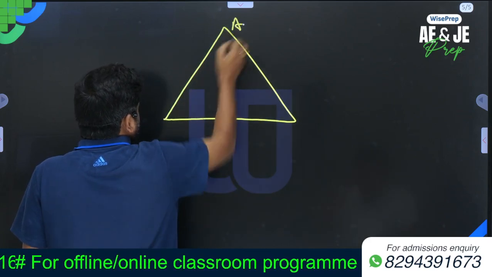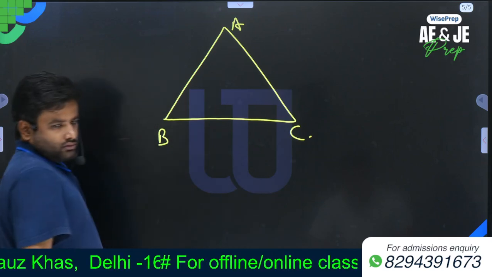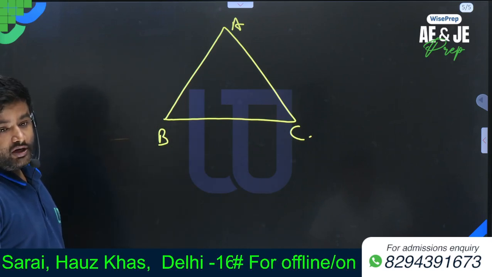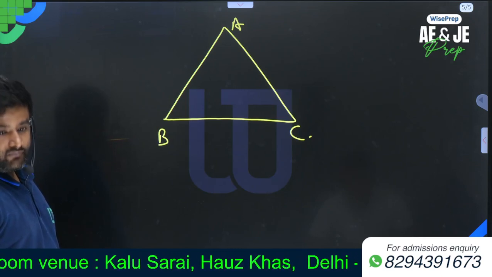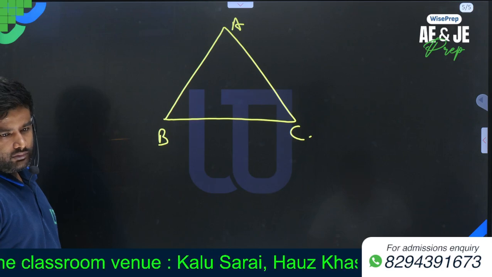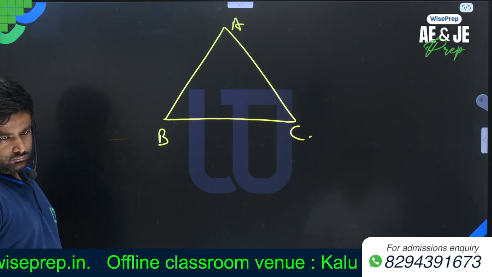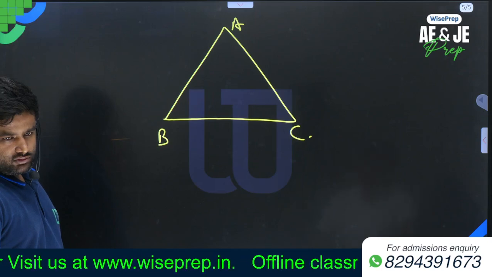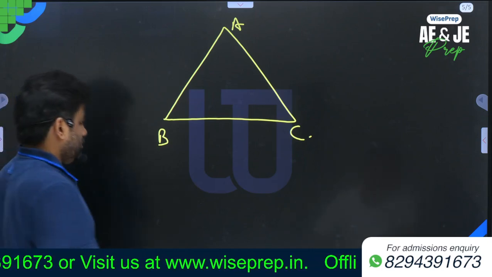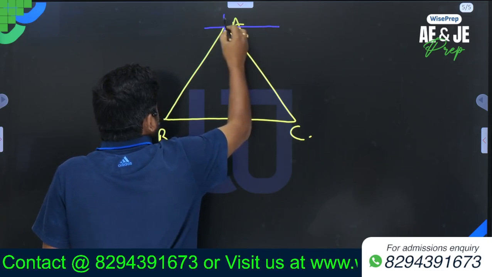This is A, B and C. I have assumed, but what is the bearing of AB given? 150 degree. In which quadrant it will be? 150 degree, second quadrant. All right. So it means that the A nomenclature has been given right.